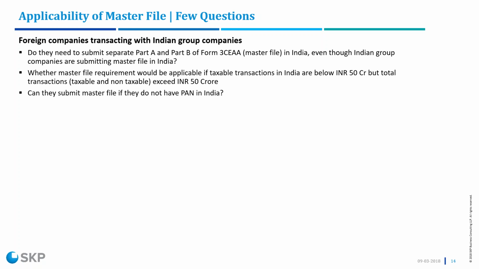It's unnecessary compliance for the foreign companies, because in any case the master file requirement has been filed by the Indian subsidiary. So to the extent it is a duplication of work, duplication of compliance also. So if there is a positive clarification on that line saying that the foreign company need not comply, given the fact that the Indian company has complied with it, I think that would be really, really helpful from the CBDT side.